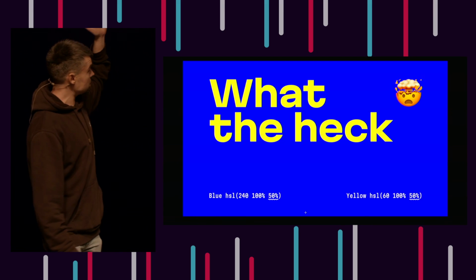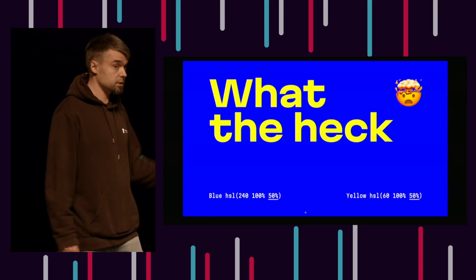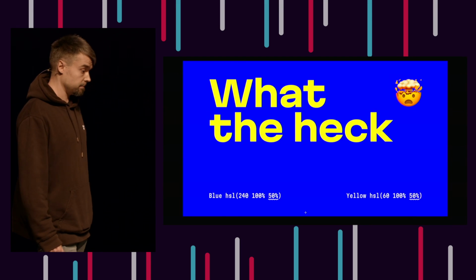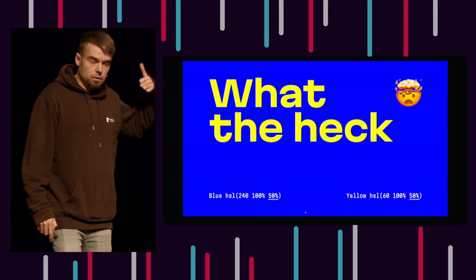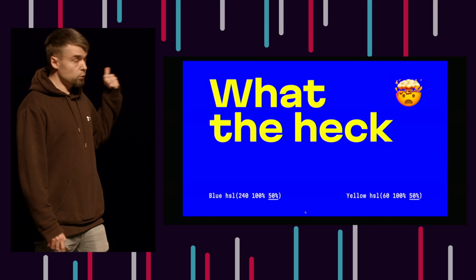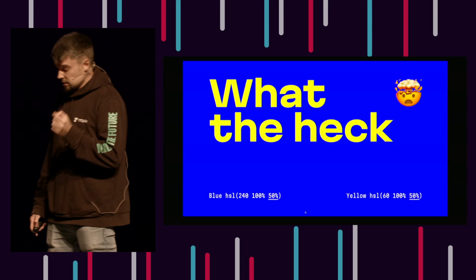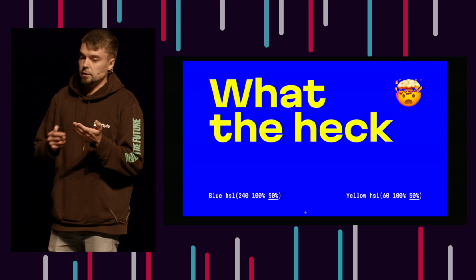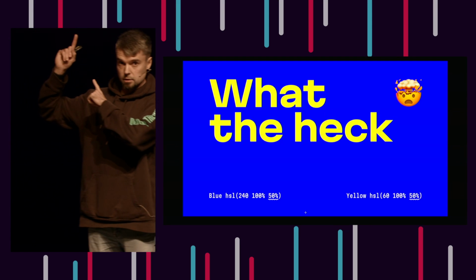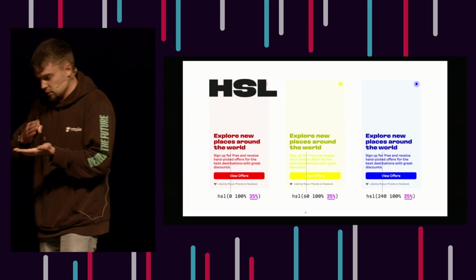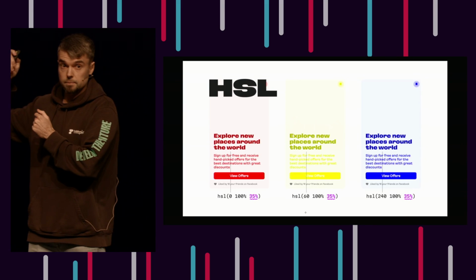Despite the fact that the lightness value of these 2 colors is the same, we still clearly see that blue is much darker than yellow. And it means that HSL neither explains what we see here, nor helps us to fix this difference.